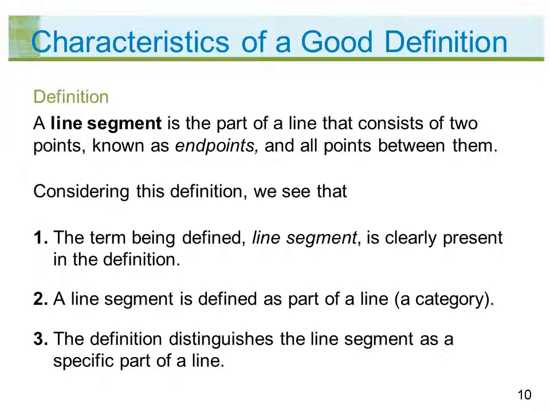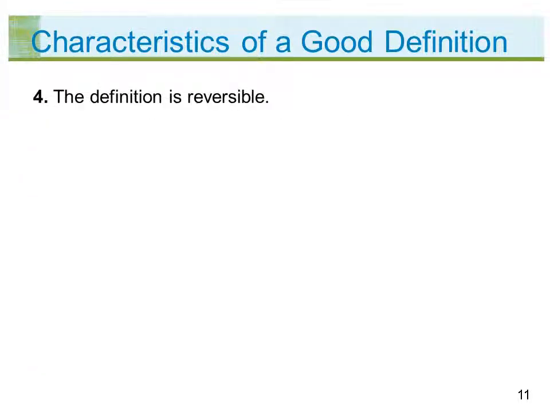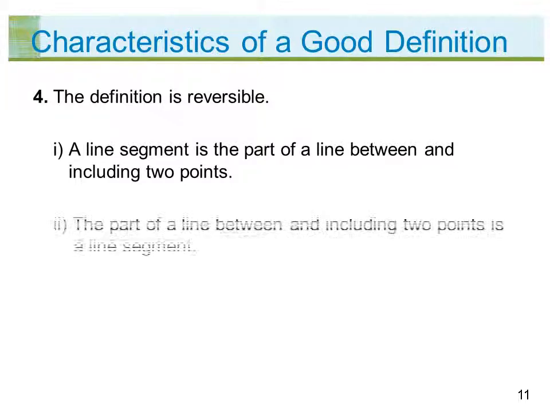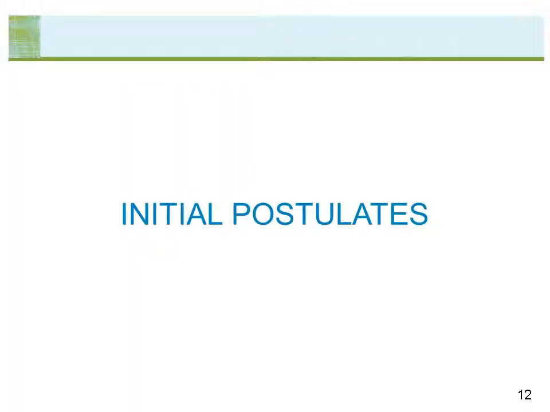Number 3, the definition distinguishes the line segment as a specific part of a line. Number 4, the definition is reversible. A line segment is the part of a line between and including 2 points. The part of a line between and including 2 points is a line segment.